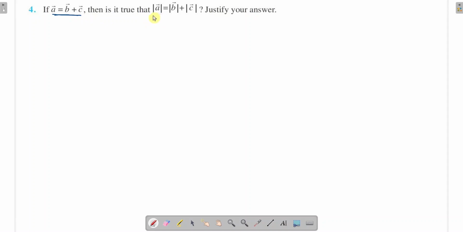Then they are asking, is it true that magnitude of A bar is equal to sum of the magnitudes of the vector B bar and C bar? So this is not true. So solution, not true. Okay, so we have to give an example here to justify. So let us write it as justification.